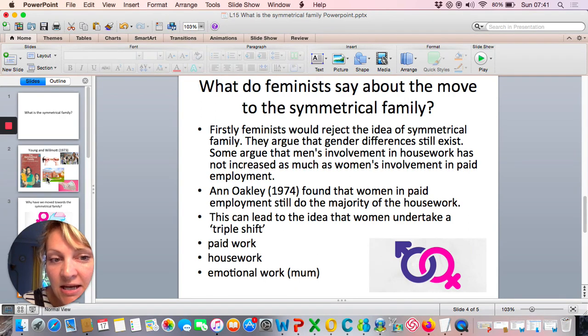This can lead to the idea that women undertake a triple shift. Not only do women go out and do their paid work in employment, but when they come home, they also do the housework, and they also do the third shift, which is the emotional work, the role of being a mum: putting the children to bed, listening to any problems the child might have, packing the bags, packing the lunches, ready for the next day.